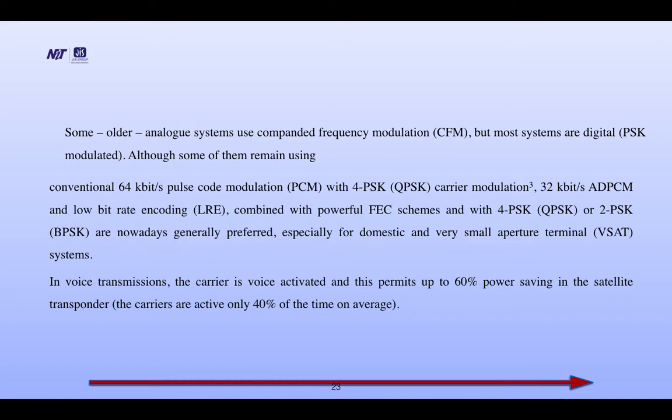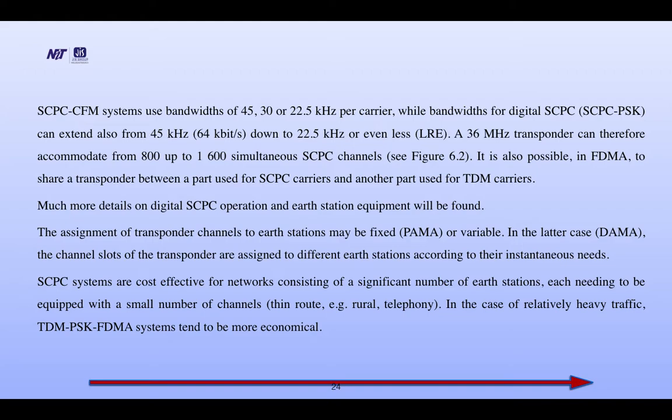In voice transmission, the carrier is voice activated and this permits up to 60% power saving in the satellite transponder. The carriers are active only 40% of the time on average. SCPC CFM systems use bandwidths of 45, 30, or 22.5 kHz per carrier, while bandwidth for digital SCPC PSK can be from 45 kHz at 64 kbps down to 22.5 kHz or even less with LRE.